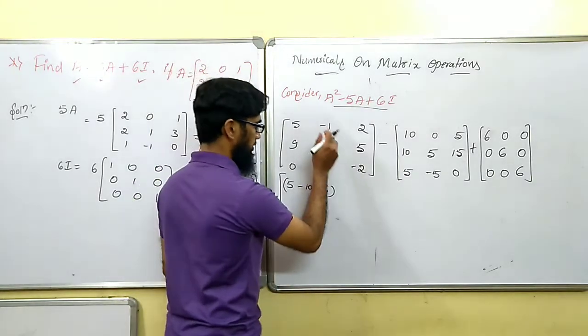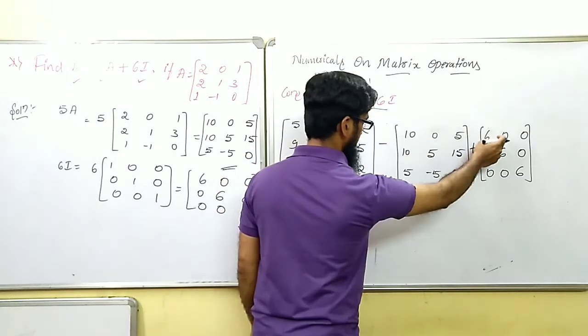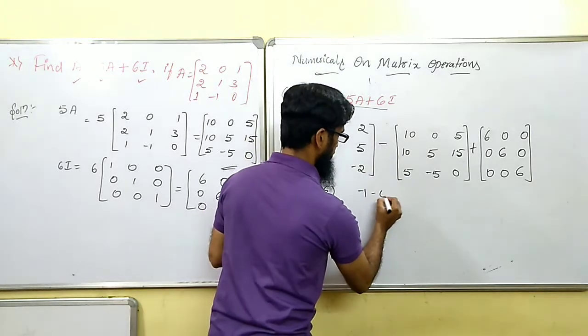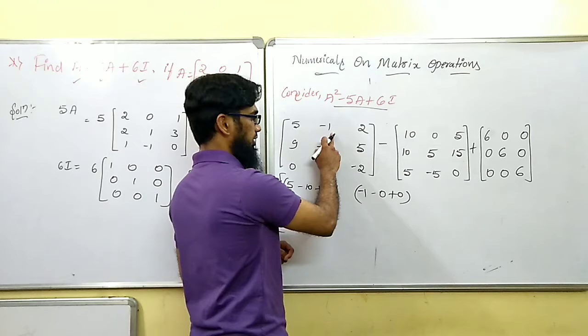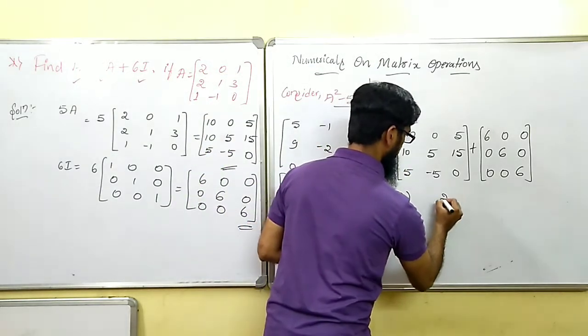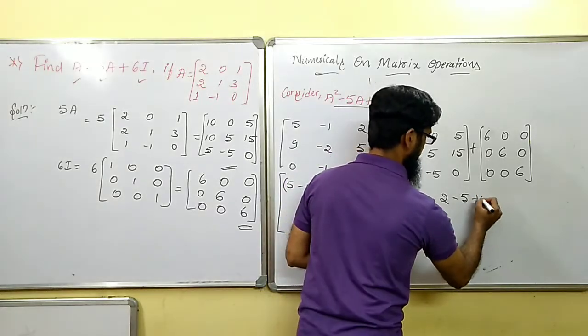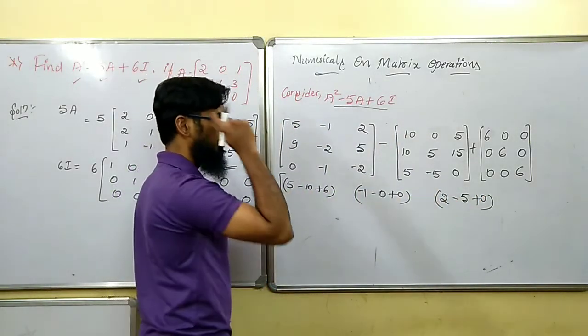Then we add the 0 here, so this becomes minus 1 minus 0 plus 0. This is the second element. And again 2 minus 5 plus 0. This is the third element of the first row.